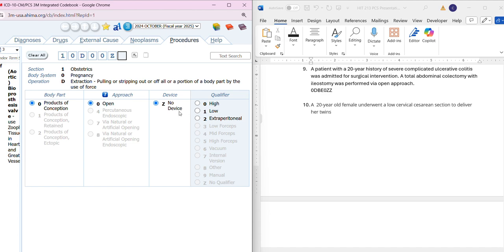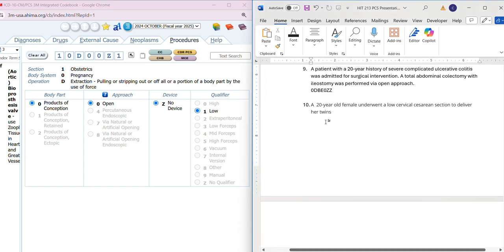There are no devices, and for the qualifier, it is going to be this number 1 right here, the low, because in the documentation it says underwent a low cervical cesarean section. So the code for number 10 is going to be 1, 0, D, 0, 0, Z as in zebra, 1.